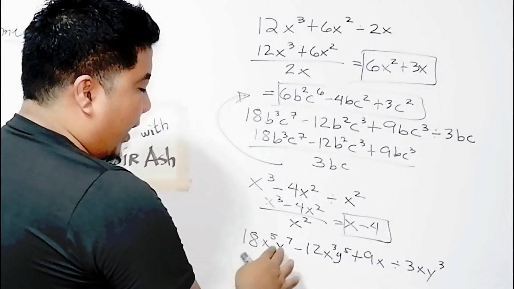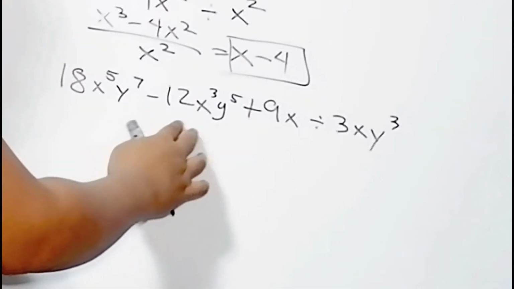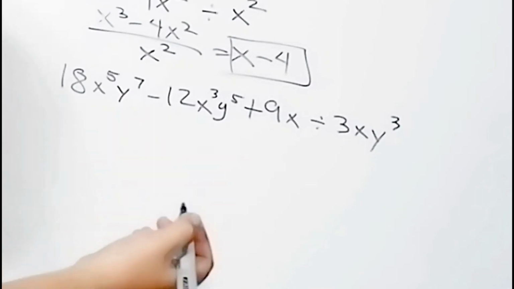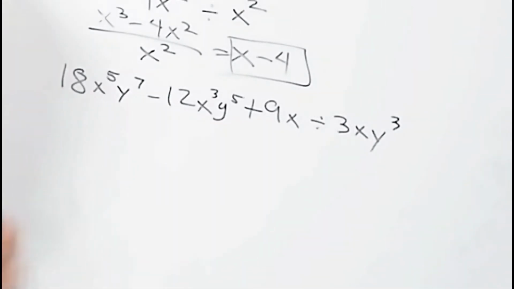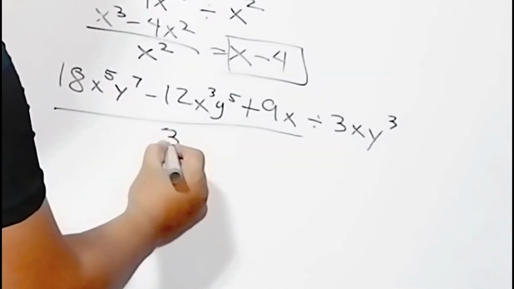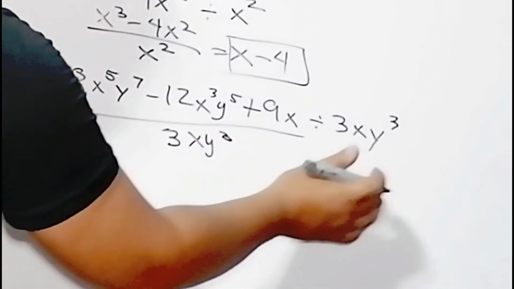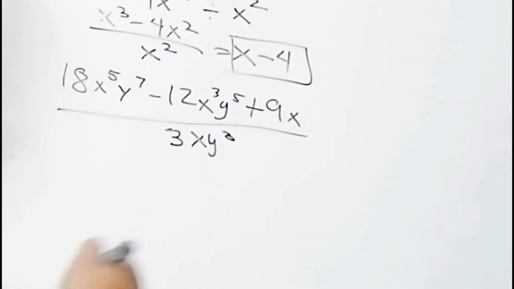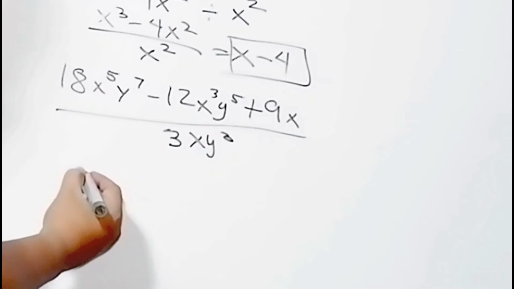We have 18x to the 5th, y to the 7th, minus 12x cubed, y to the 5th power, plus 9x, divided by 3x, y cubed. So, to make it faster, I'll just make an over here, and then I'll put 3x, y cubed. Okay, and then I'll erase this one. Okay, now, let's continue. So, 18 divided by 3, that is 6.